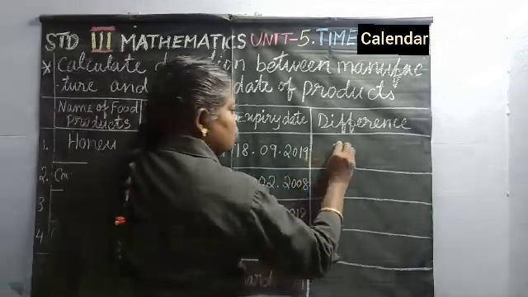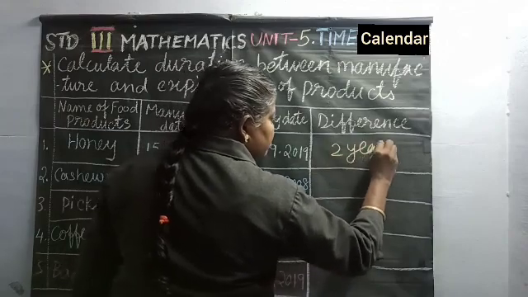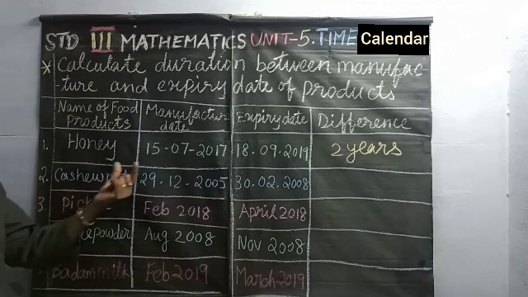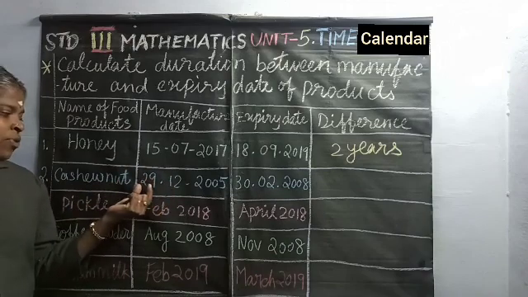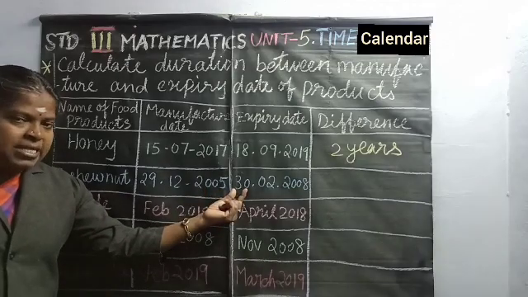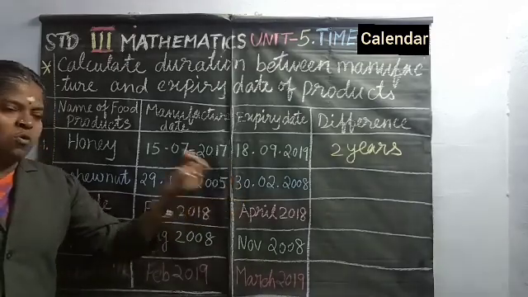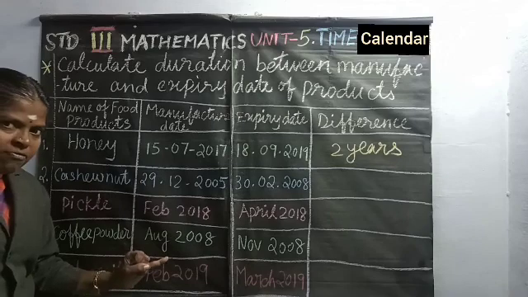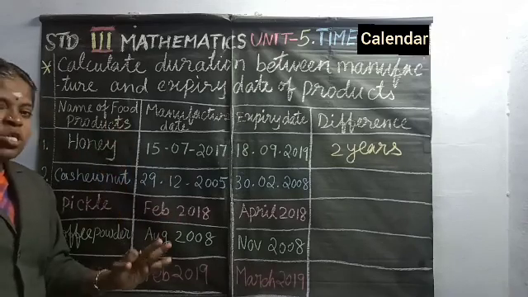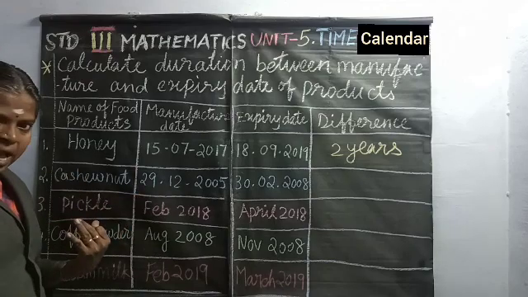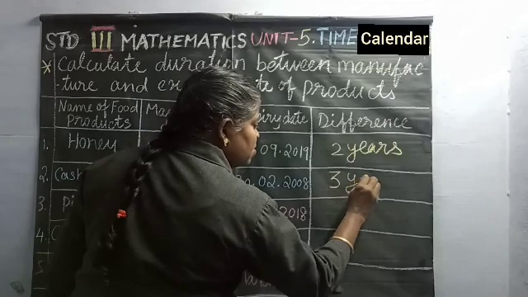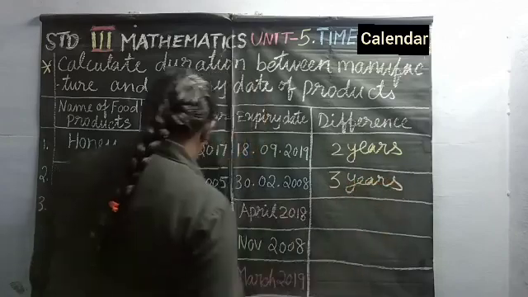So 2 years. Next one, cashew nut. Cashew nut manufacture date is 29/12/2005. Expiry date is 30/2/2008. So after 2005, 2006, 2007, 2008. So we can use this cashew nut for 3 years.